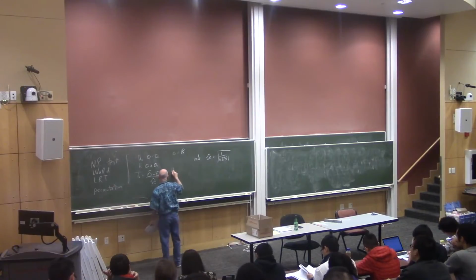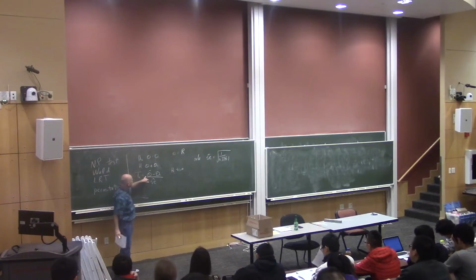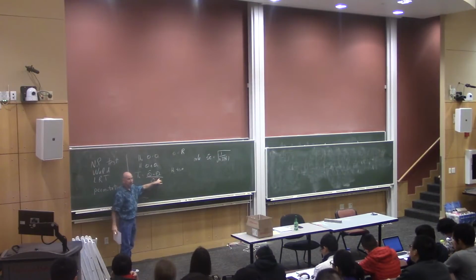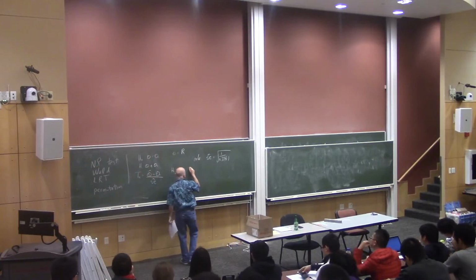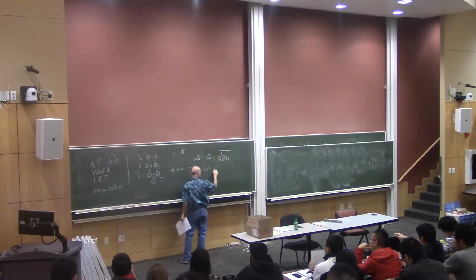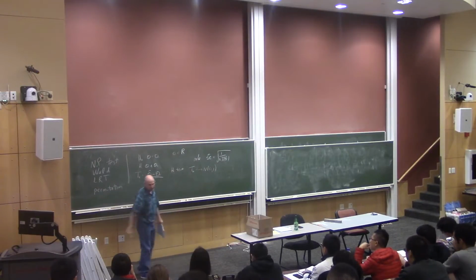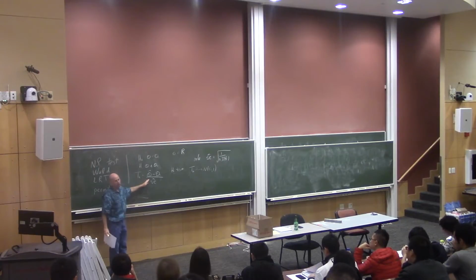If H naught is true, then we have the estimator minus the true value over the standard error. We've seen that that's going to converge to, in other words, we're assuming we're in a situation where the central limit theorem holds, and then this just becomes like a normal random variable.